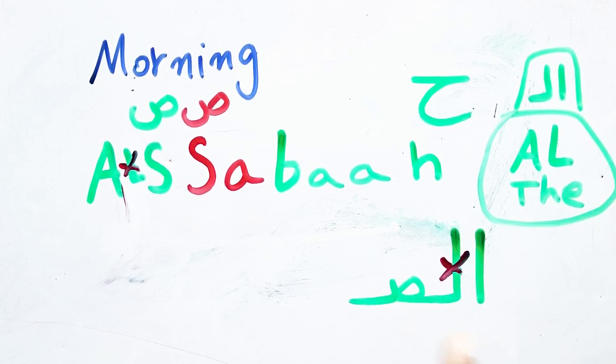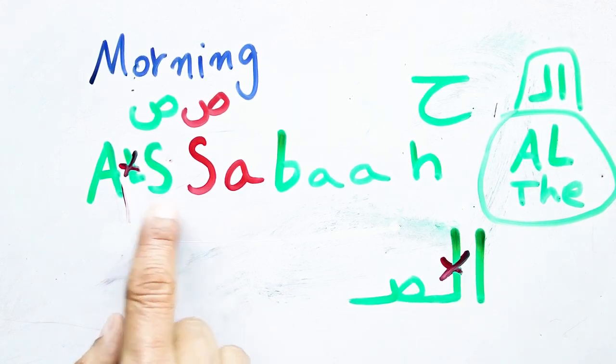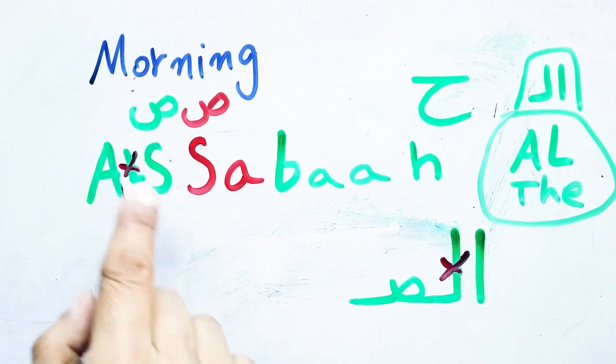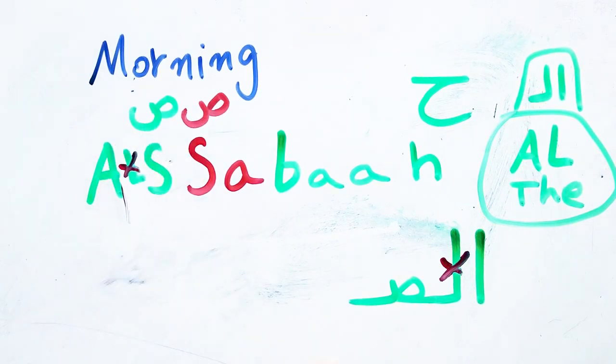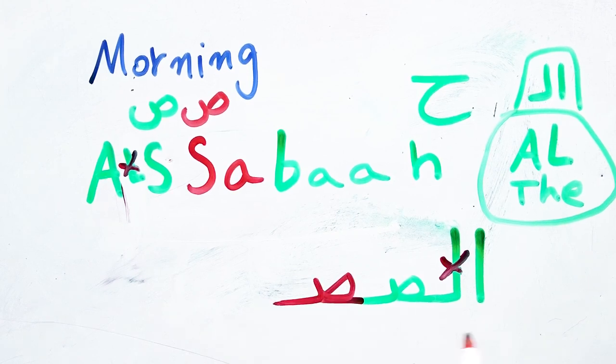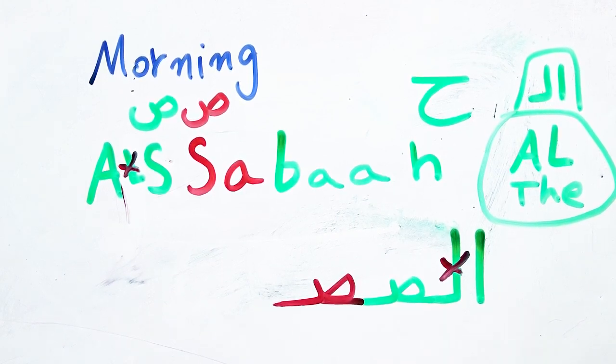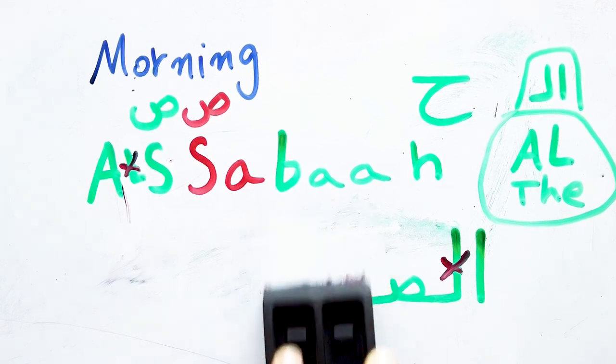And when you have this dropped lam, which we call lam shamsiyya, we must pronounce the following letter 2 times. So that's why here we repeat this letter 2 times. We are not going to write it another time. I'm not going to say it like this. We have another way to do this.